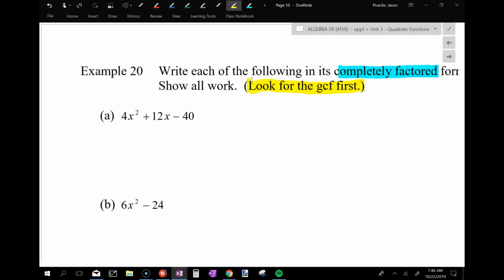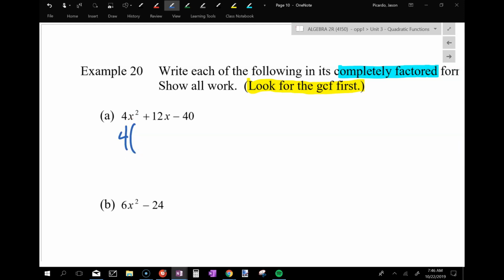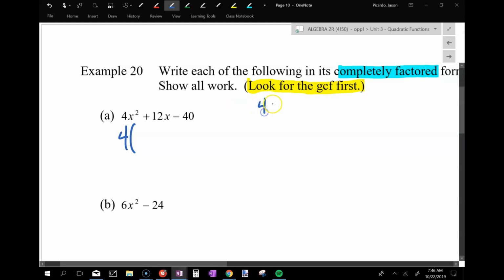Okay. So I have a 4. When I divide 4 into these, what do I get? Well, 4 goes into 4x squared. 4x squared divided by 4. What happens? The 4's cancel. What's left? The x squared. All right.